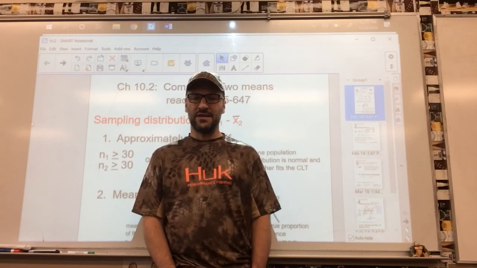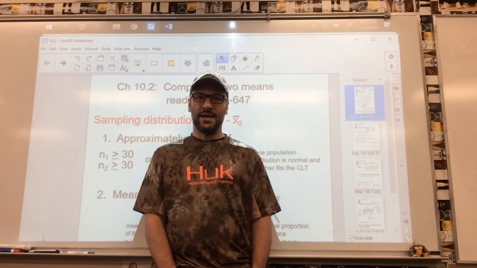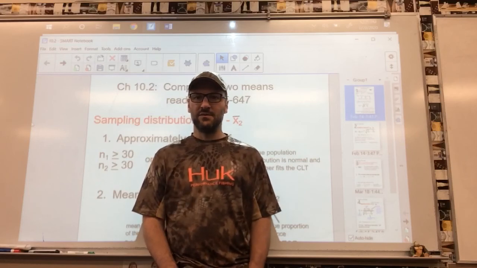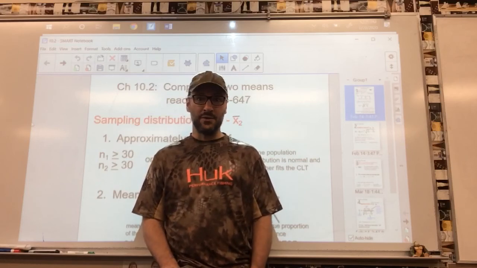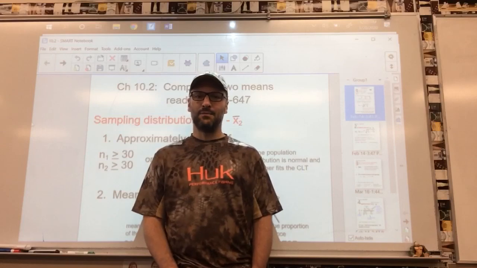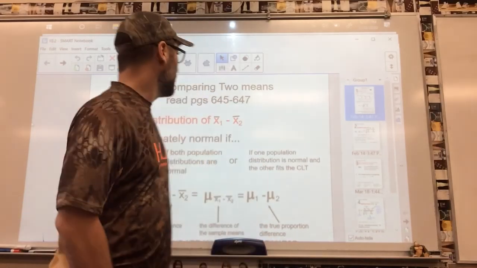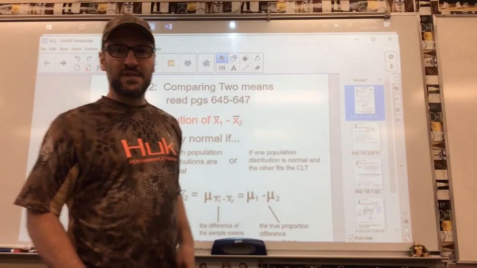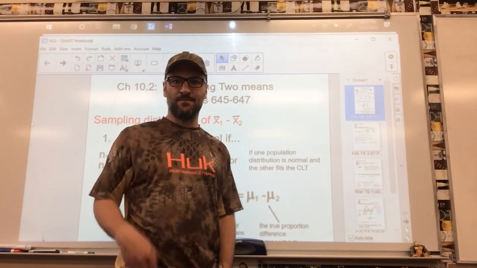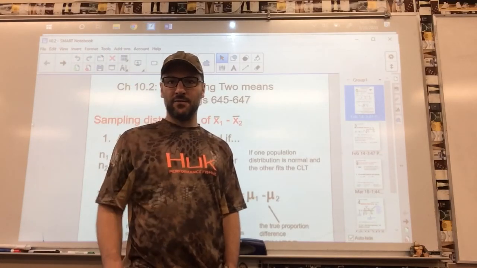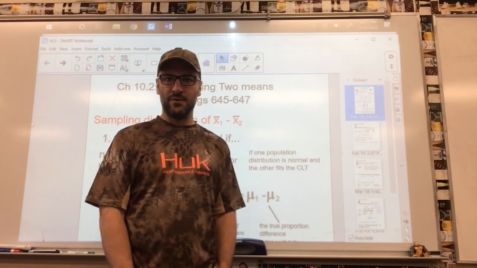The formulas are actually easier to work with when you deal with standard deviation. But a bunch of the good material is in the reading, so I want you to pause it right now and read 645 through 647. The good information is there. And then after you get done reading that, unpause it, and we'll talk about what you just read.